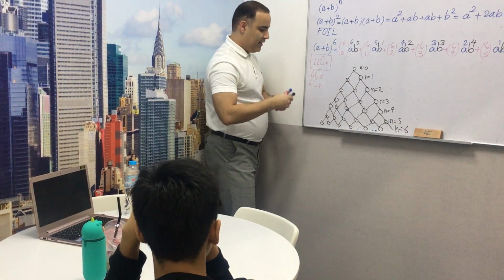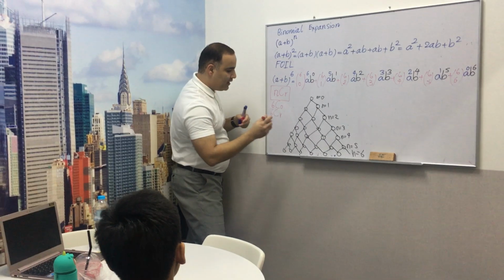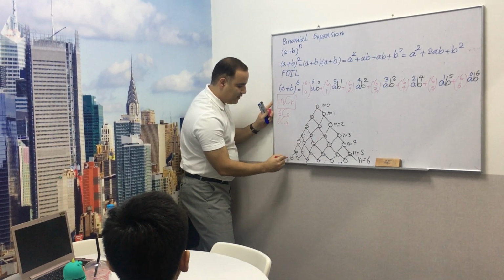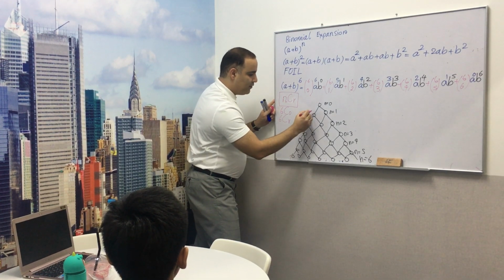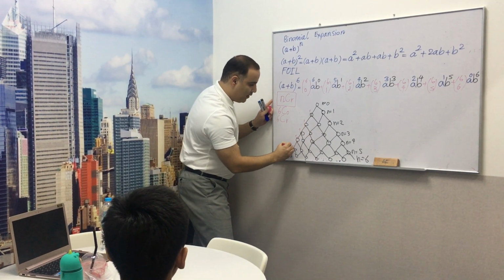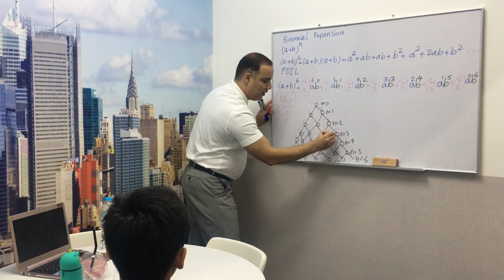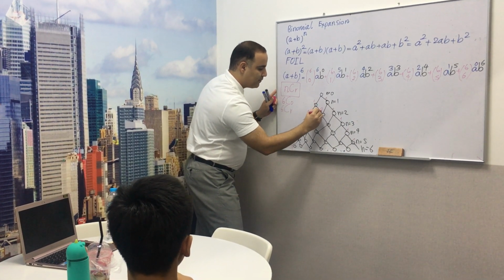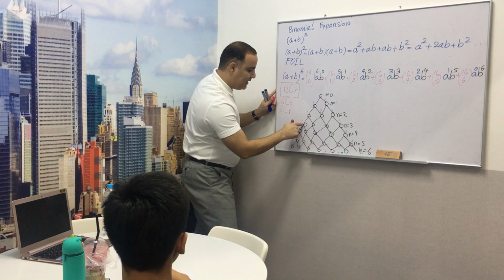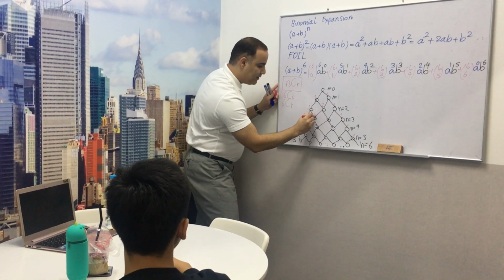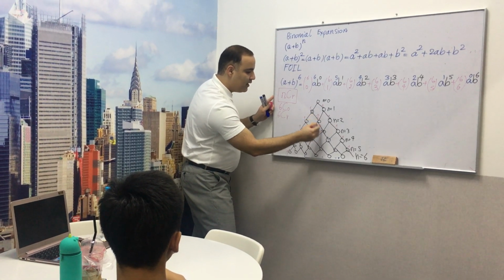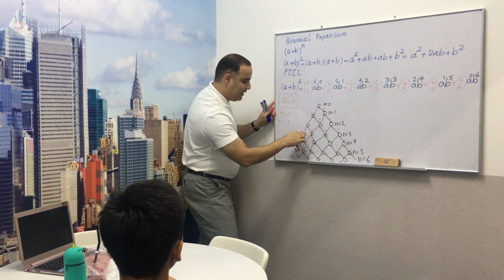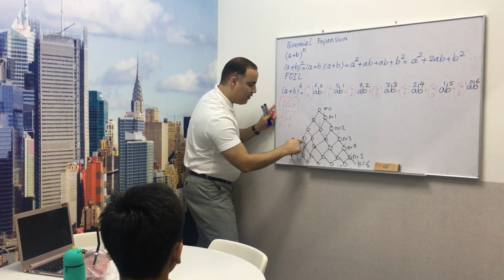Okay. Then we need to count. How many ways are there to get here? There's only one way. So 1, 1, 1, 1, 1, 1, 1, 1, 1. How many ways to get here? 1 plus 1, 2. And then here is 2 plus 1, 3. How many ways to get here? 3, and then here 3 plus 1, 4.